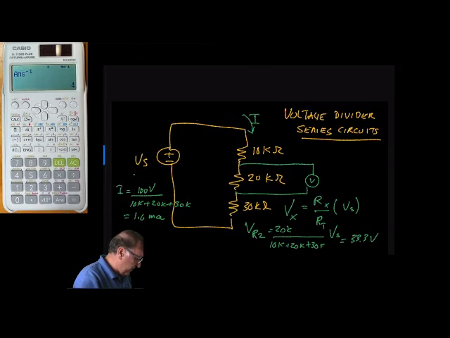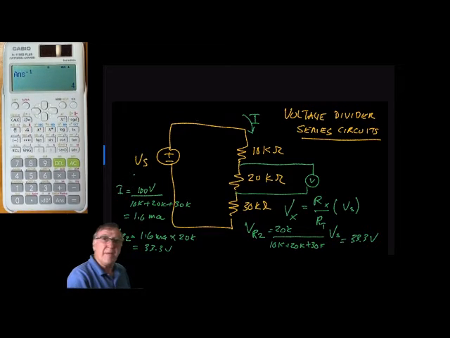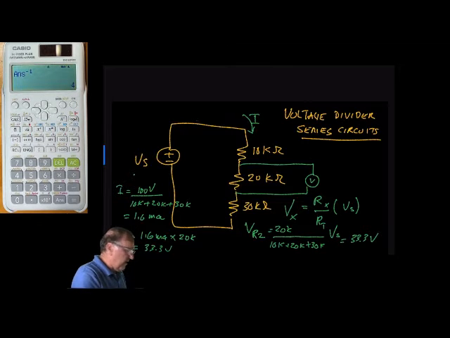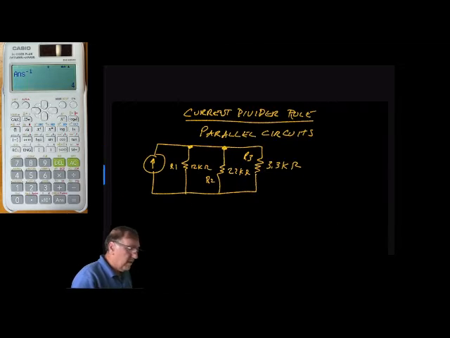So it's I times R, so VR2 equals 1.6 milliamps times 20k, and that equals 33.3 volts. So we get the same answer both ways, but the voltage divider is a little easier to get to that answer. The first method is a two-step process versus the voltage divider, which is a single-step process.